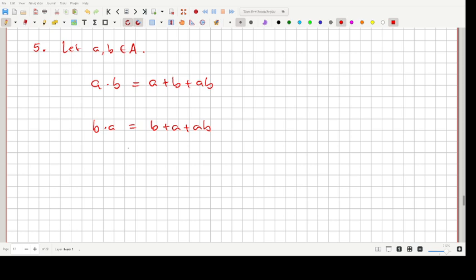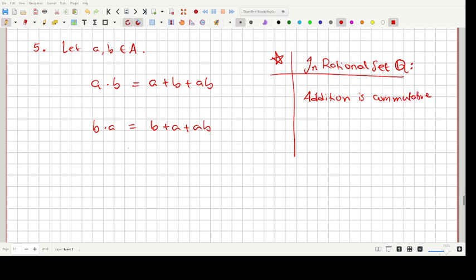So let's write this down over here, right? So in the rational set, in the set of all rational elements, in the rational set Q, the addition of two numbers is commutative.